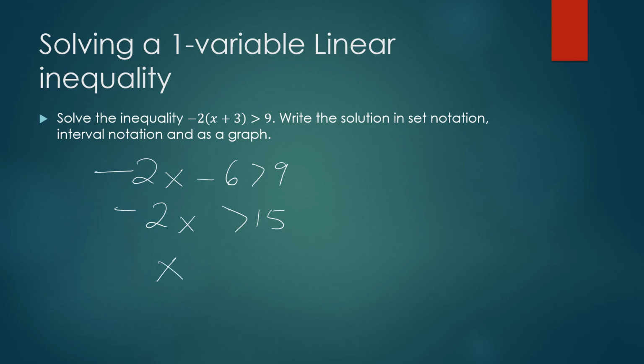Now here's where it gets tricky. If we divide by a negative number, the orientation of the inequality switches around, because the negative sign forces it to go the other direction.